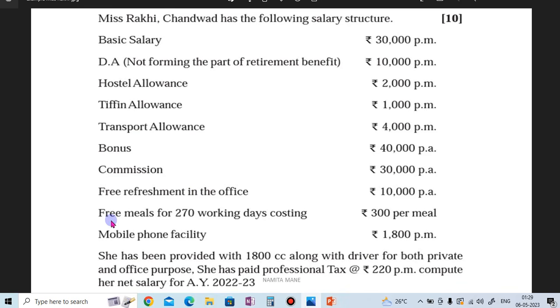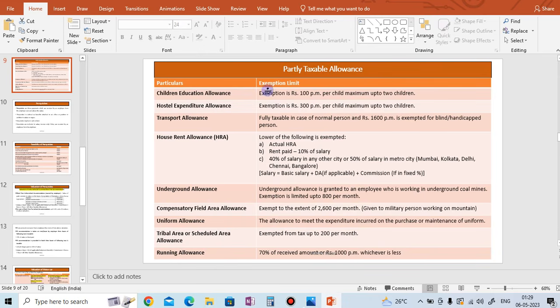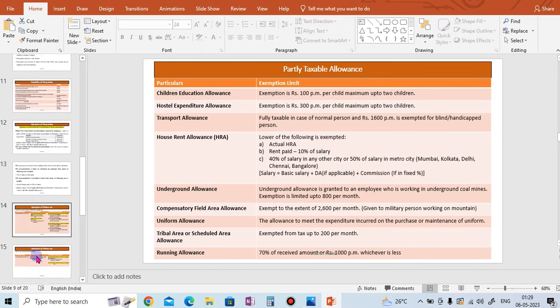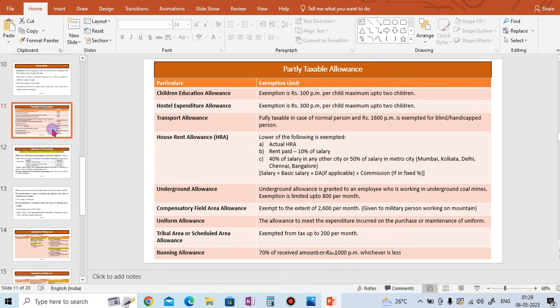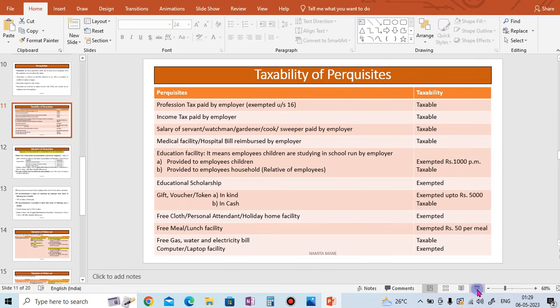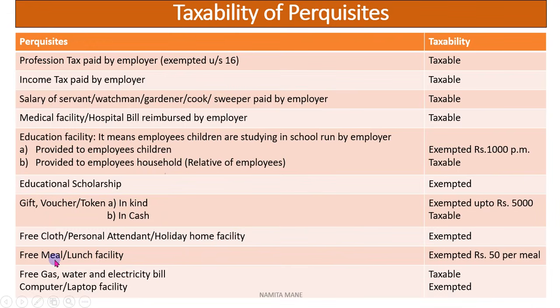Next, free meals for 270 working days costing rupees 300 per meal. Okay. Now see here in the perquisites, free meals are given. The free meal exempted from tax is how much? 50 rupees per meal.